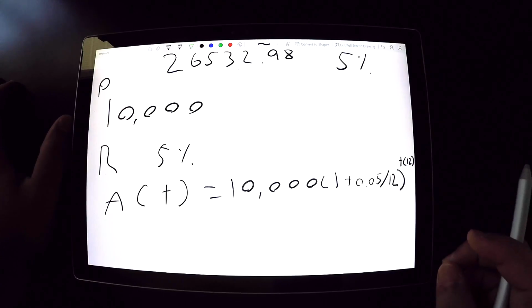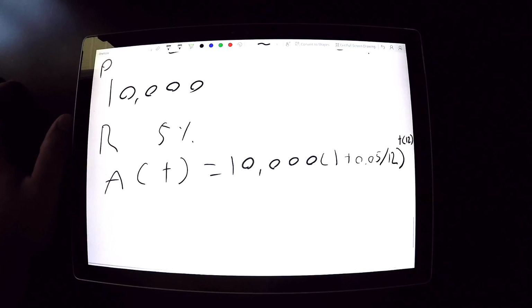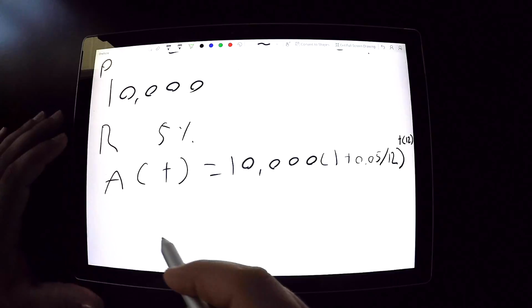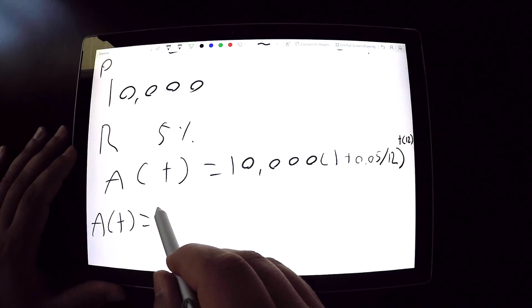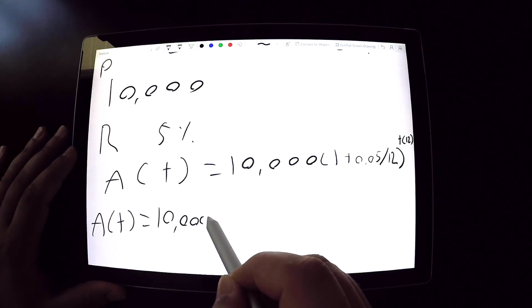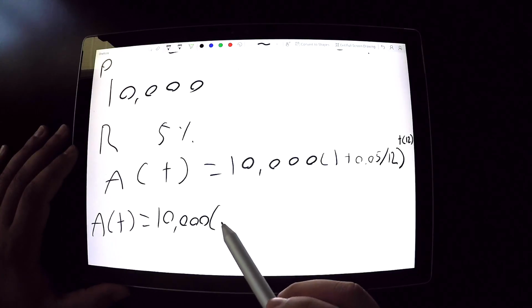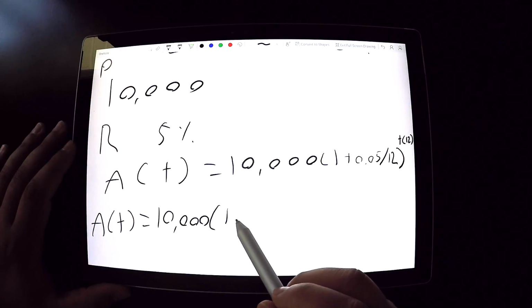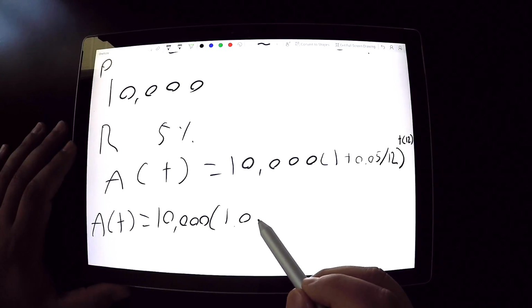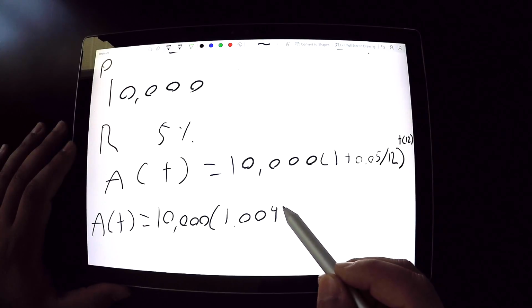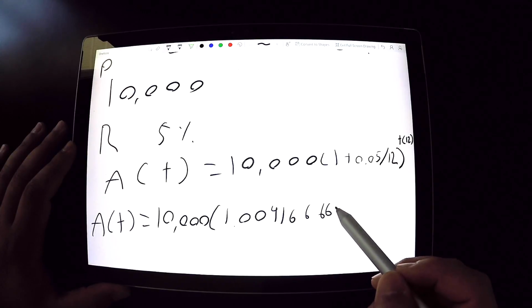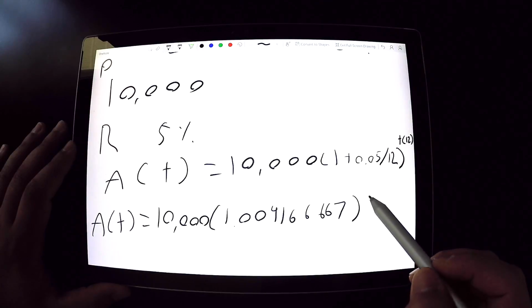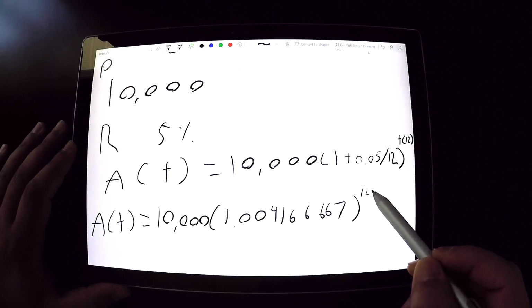Now, again, we solve the parentheses. So A of t is equal to 10,000 times 1.004166667 to the power of 12t.